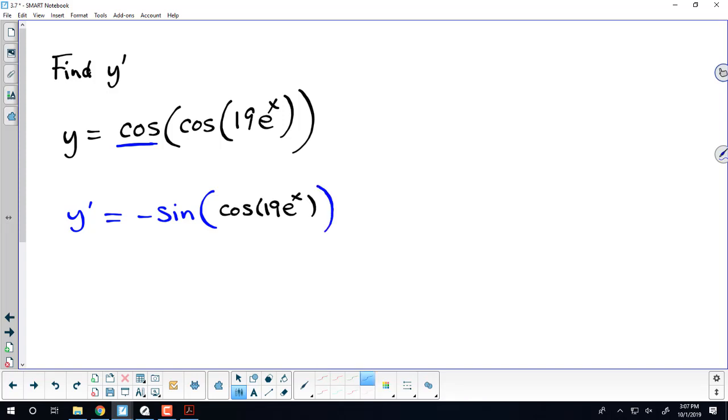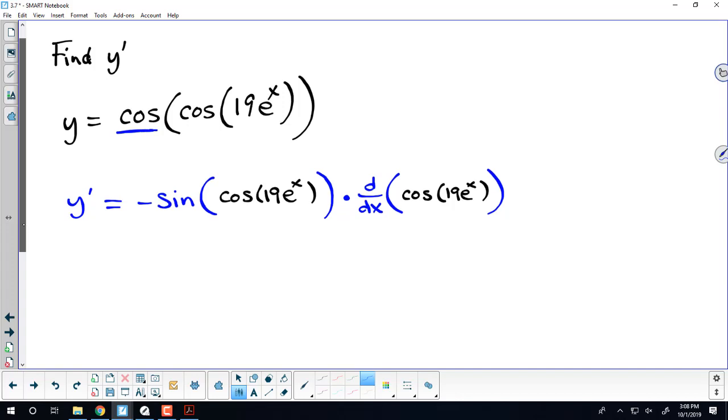Then we multiply by the derivative of the inside. So, derivative of the outside, inside left alone, so it's negative sine of all of that, and then we multiply by the derivative of the inner function, cosine 19 e to the x.